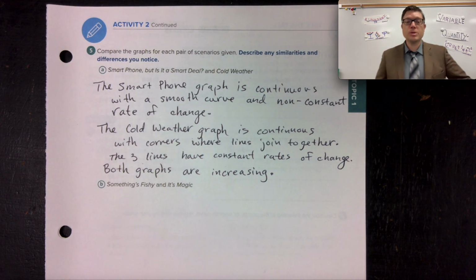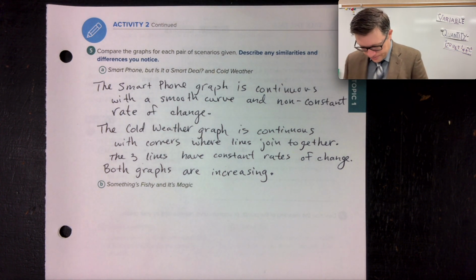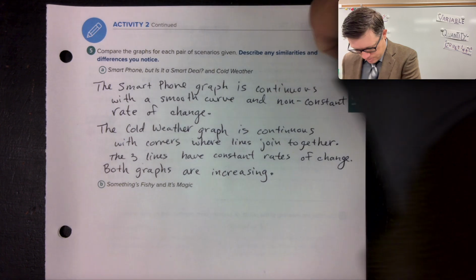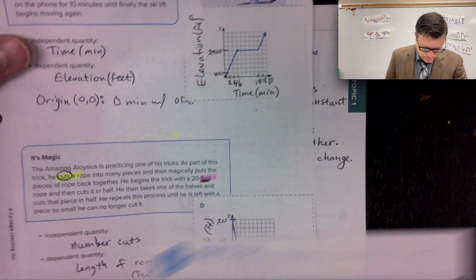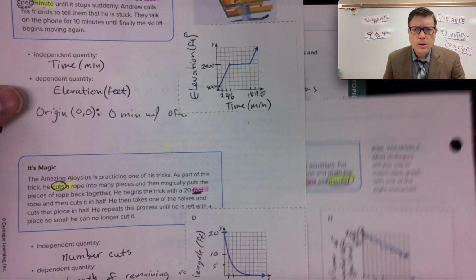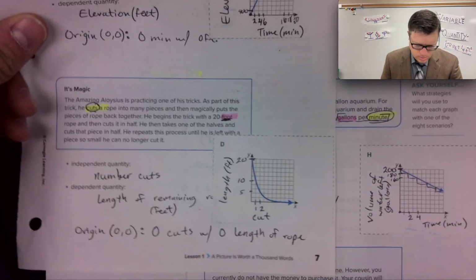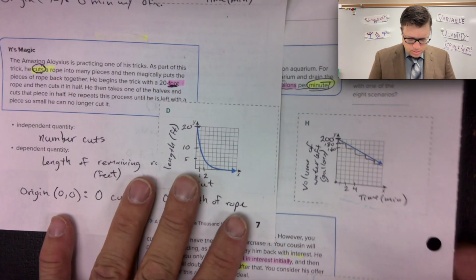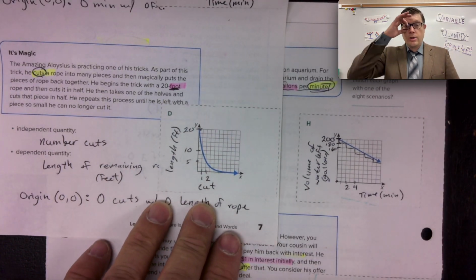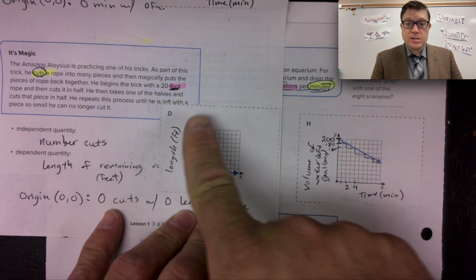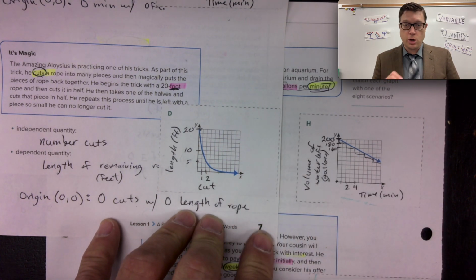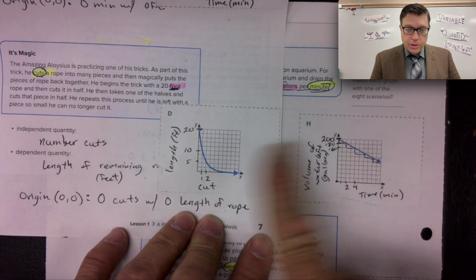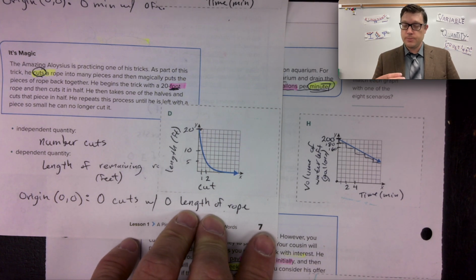So I'm going to compare something's fishy and its magic. Okay, it's a little bit backwards. I'm going to talk it out and then I'm going to write it out. What I notice is both of these curves are smooth curves because neither of these curves have corners.